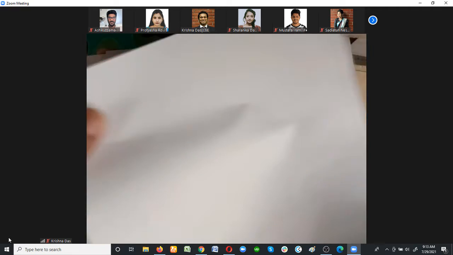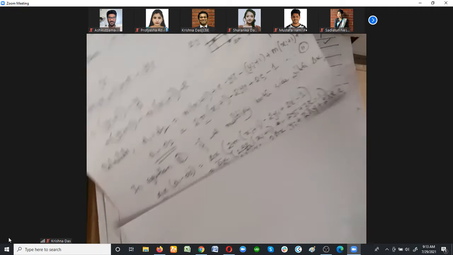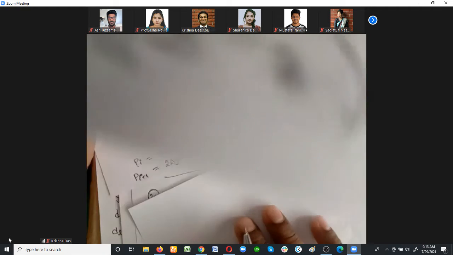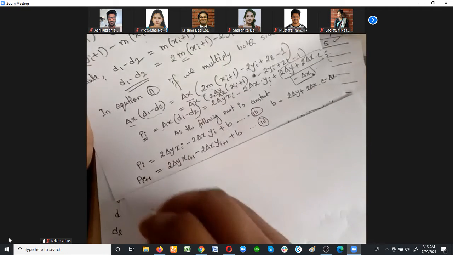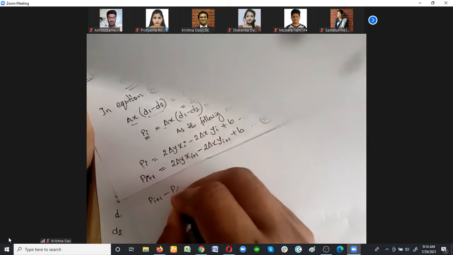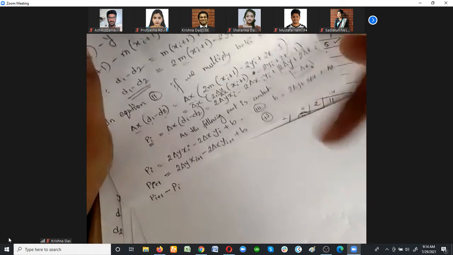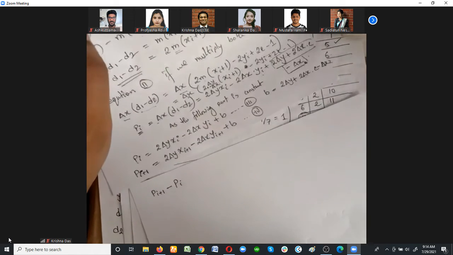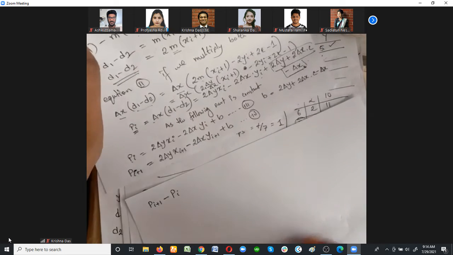With the same process that what we have done, that p of i, that we can do is p of i plus 1 minus p of i. So we just subtract between them, and that actually will give us the relationship.